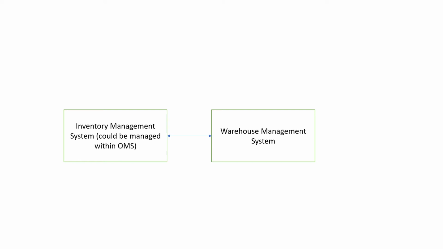In Sterling, we can either use a separate instance for the inventory management system, or the inventory can be maintained within the order management system. Okay, so let's discuss how in Sterling we maintain the inventory in sync with the warehouse management system.